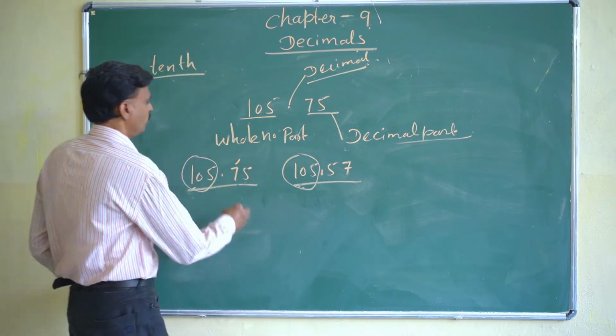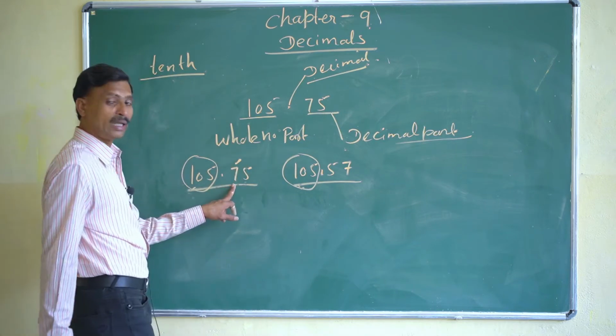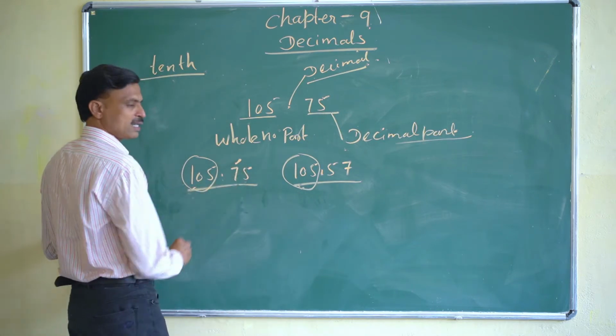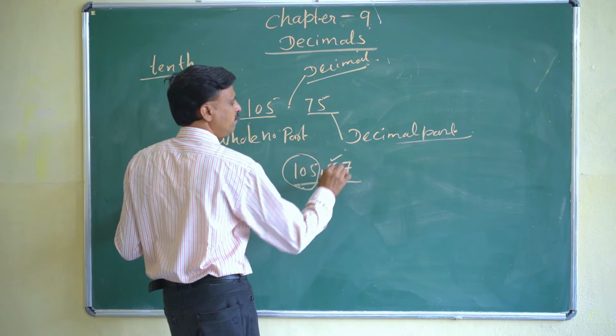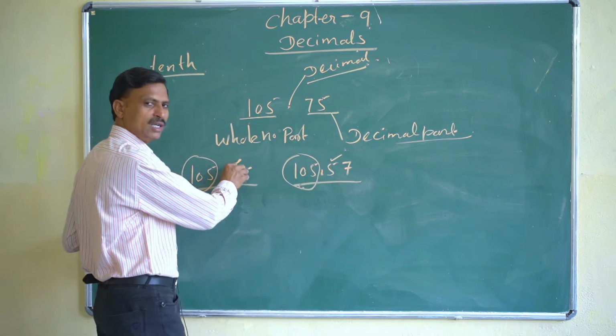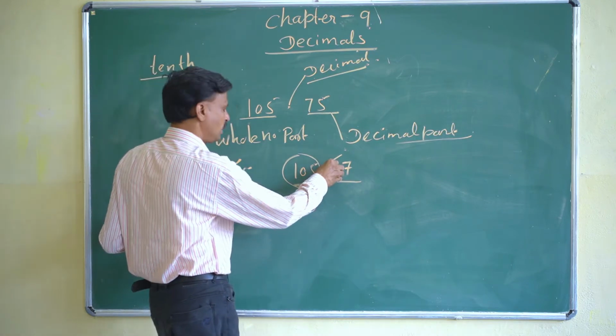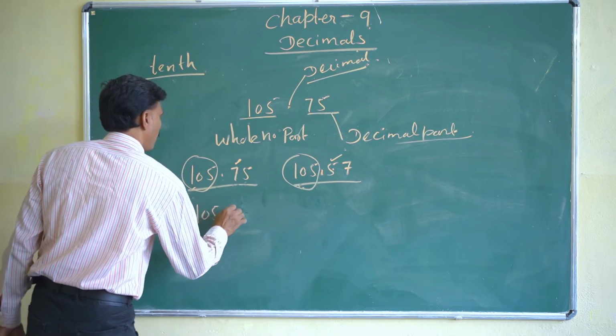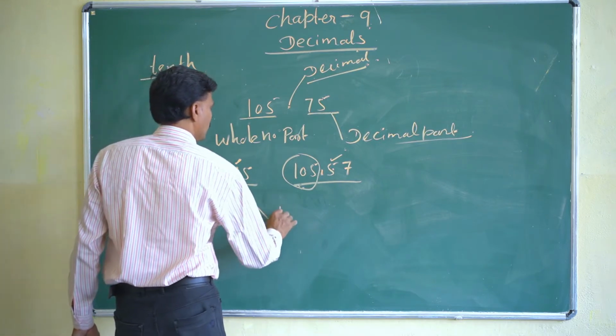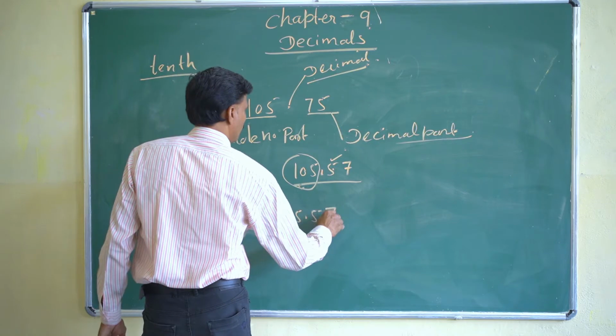So we'll compare their 10th place digit. It is 7 here and 5 here. Definitely 7 is greater than 5. That's why 105.75 will be greater than 105.57.